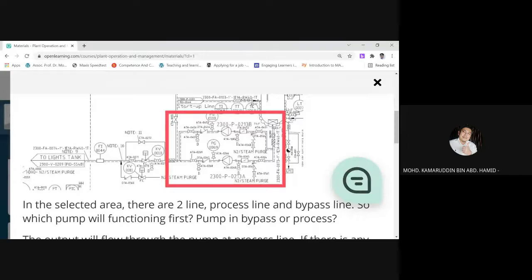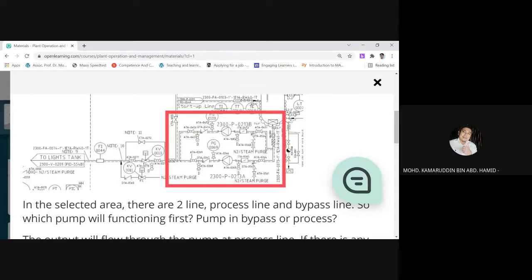Tetapi those with the lower efficiency will have higher temperature compared to the high efficiency. So jawapan dia adalah 50, because 50 is the lowest efficiency. So most of the energy will be converted into heat, sebab is less efficiency.